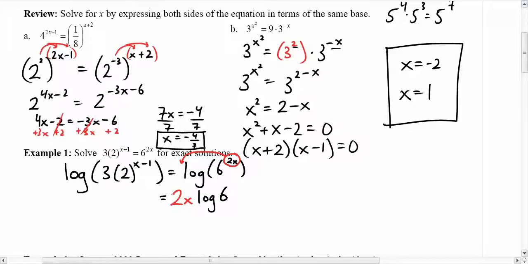So first we have to separate it into two different bases. So first I'm going to use the product law to separate the 3 and the 2 into two separate logs. Okay, that's using law number 1 from yesterday. Then I can use the power law to make the exponent into a coefficient in brackets.